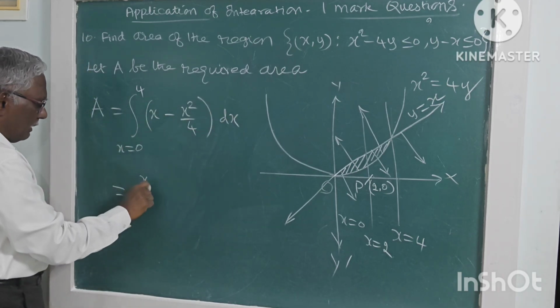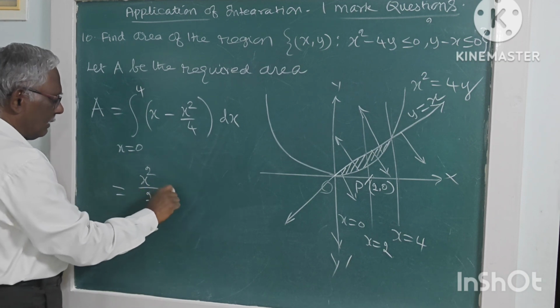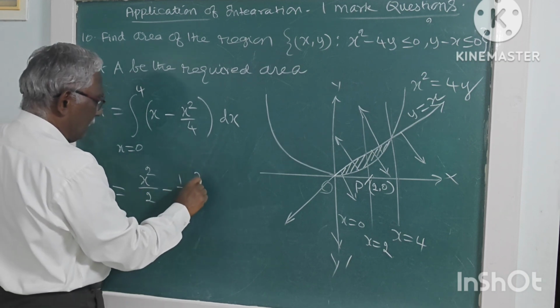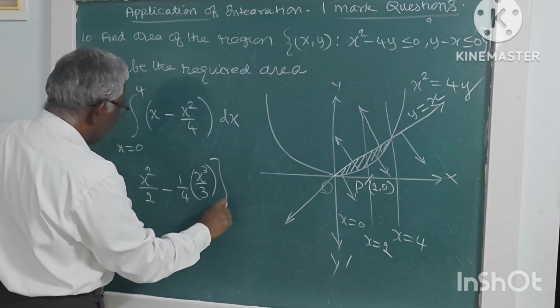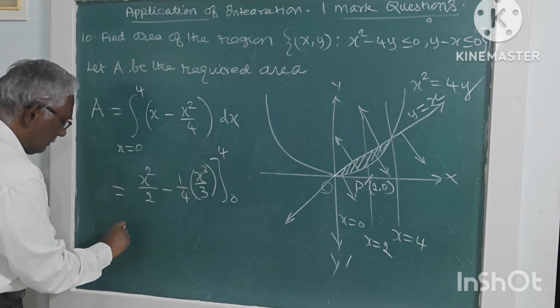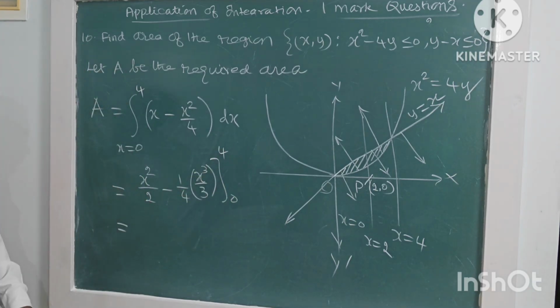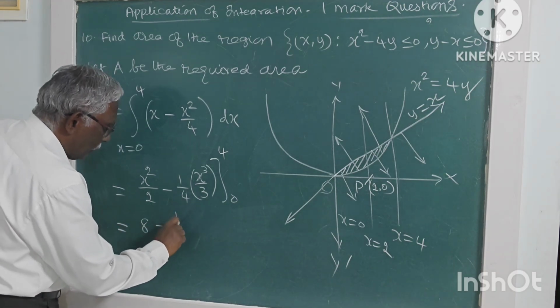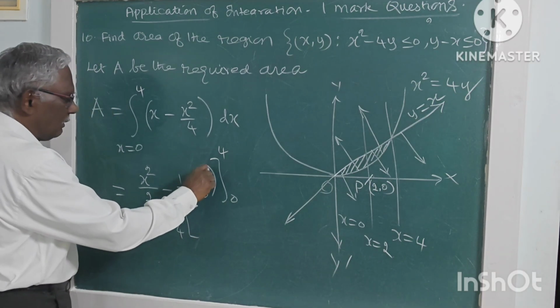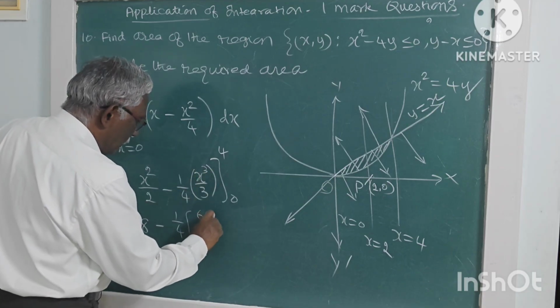So this is x square by 2 minus 1 by 4 times, on integrating, we get x cube by 3, with limits 0 to 4. 4 square by 2 is 8, minus 1 by 4 times 4 cube, 64 by 3.